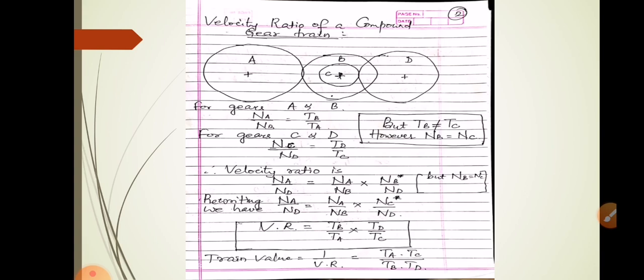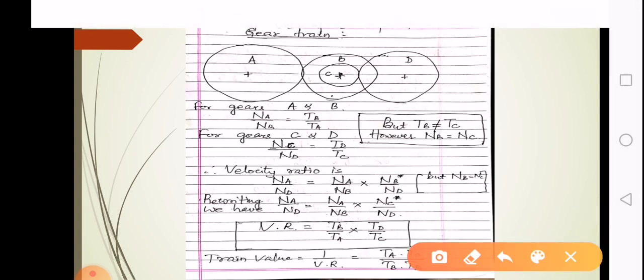Again, by definition, it is Na upon Nd. So I'll write Na upon Nd is equal to Na upon Nb into Nb upon Nd. Now, since B and C are mounted on the same shaft, their speed in RPM will remain the same, that means Nb is equal to Nc.